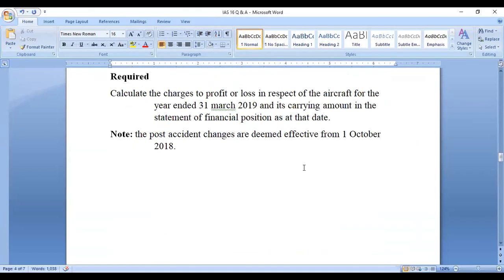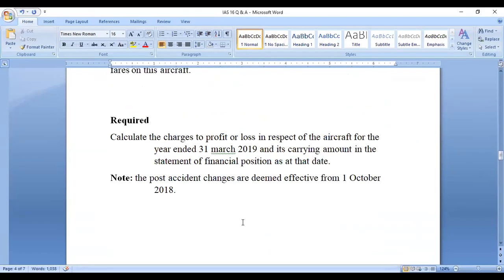What's the requirement? We're required to calculate the charges to profit or loss in respect of the aircraft for the year ended, and its carrying amount in the statement of financial position as at that date. So that simply means we have to calculate statements of profit or loss and also prepare statements of financial position.